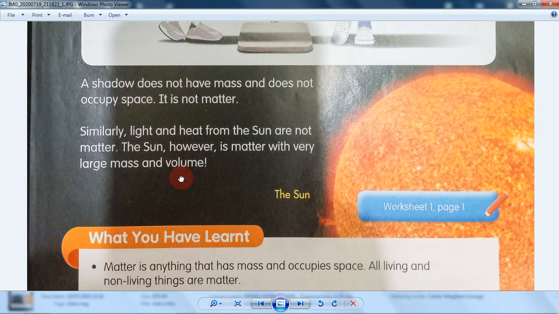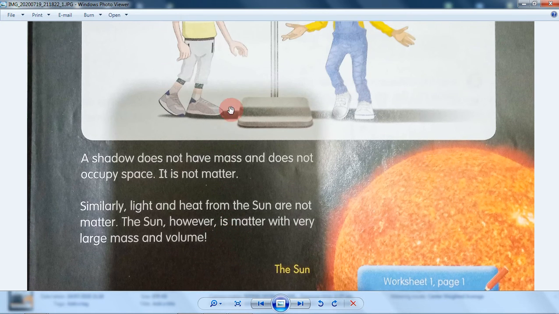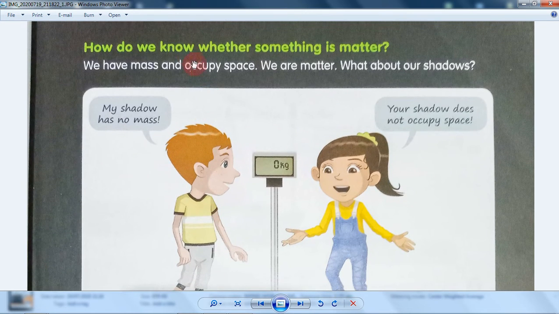Just remember it, guys. The sun is matter too, but the heat and the light from it are not matter, because they do not occupy space and do not have mass.